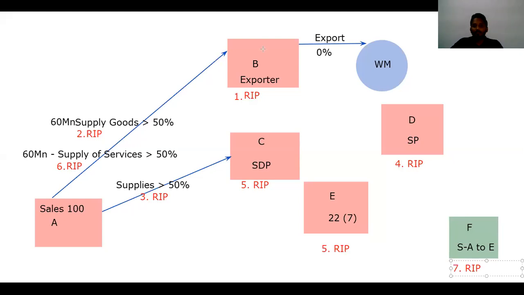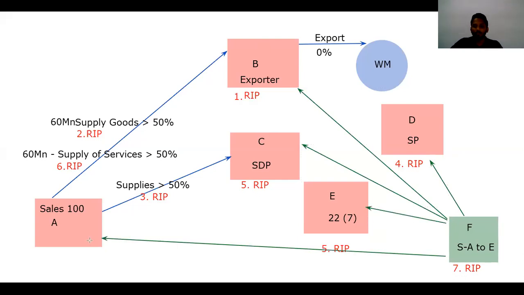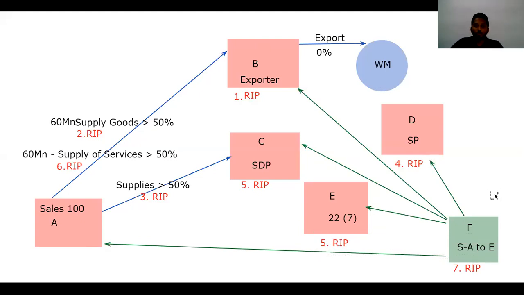Then we'll see the persons who can register as RIP, how they are supplying, let's say, to SDP, or this one, or this one, or this one, right? If it is more than 50%, then that person is also eligible to register as a supplier.